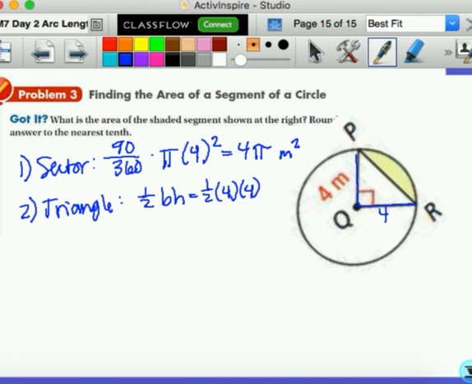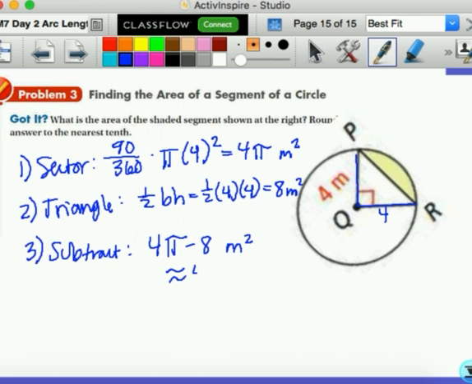That's going to give me 8 square meters. Step 3 is to subtract. So my final answer is 4 pi minus 8 square meters. Or if we're told to round to the nearest tenth, 4 pi minus 8 is approximately 4.6 square meters.